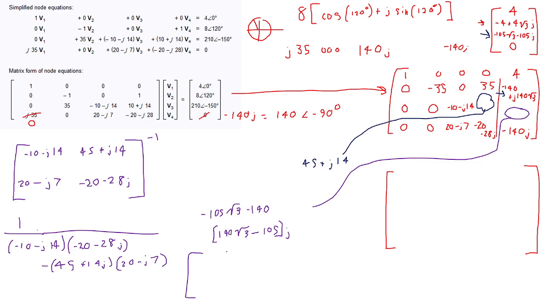Then in the matrix, we swap the positions of A and D. So this is going to be minus 20, minus 28J.